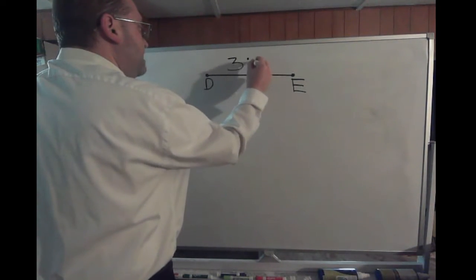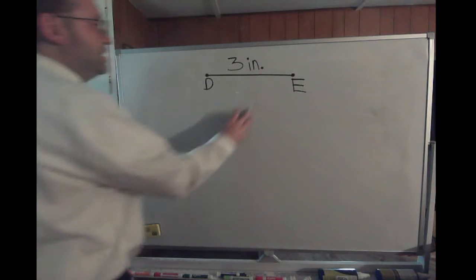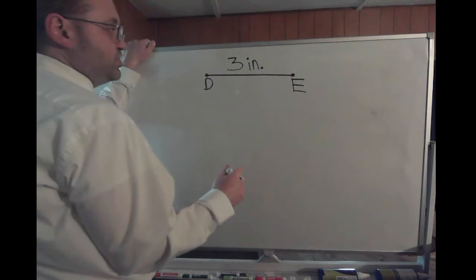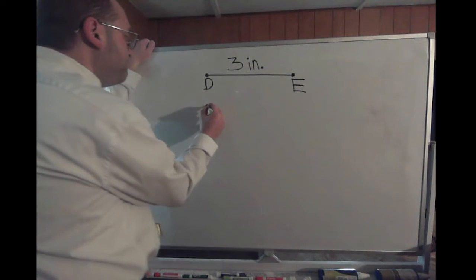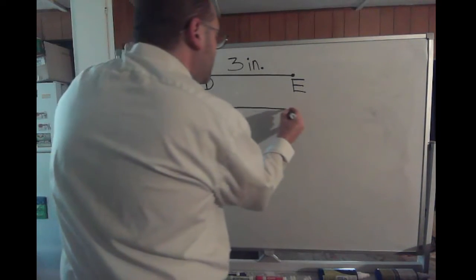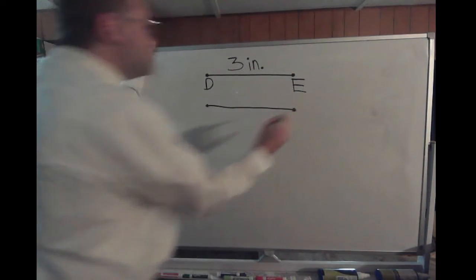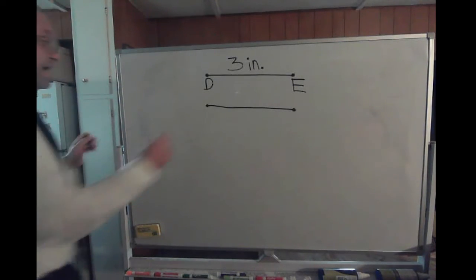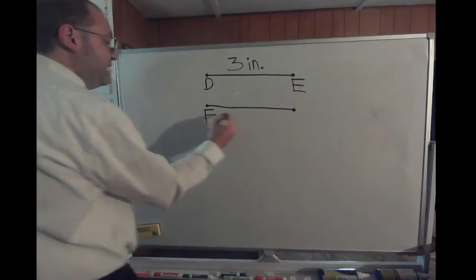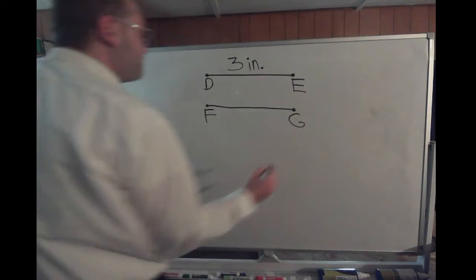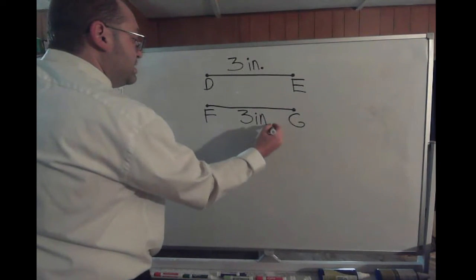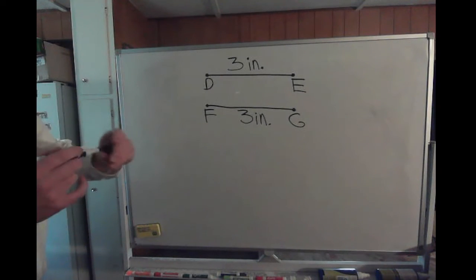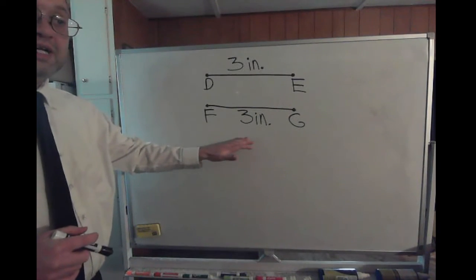I know this is a lot bigger than 3 inches. Clearly, that's about 6 inches, probably even 9 inches, but just go with it here, okay? Then I'm going to draw another segment, which I'll call FG. This is also a 3-inch segment. These would be called congruent segments because they're the same size.